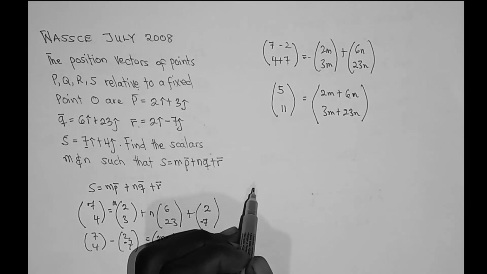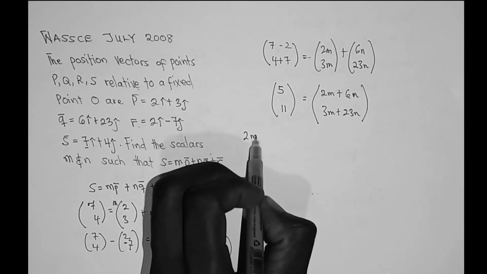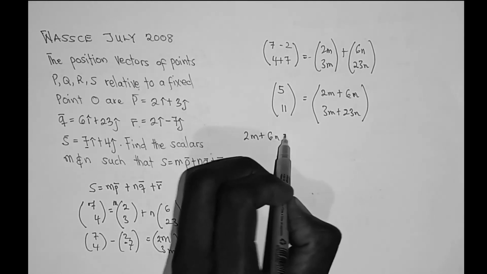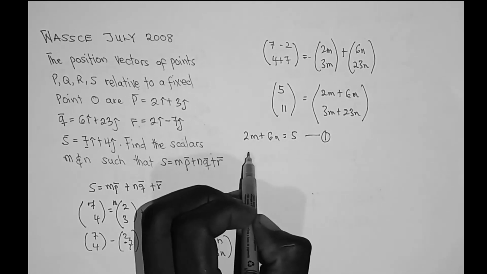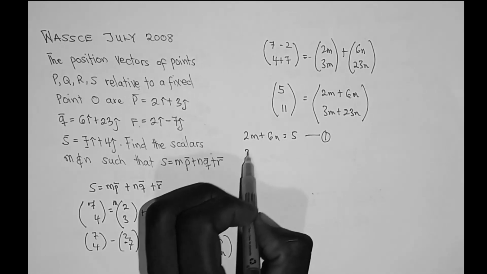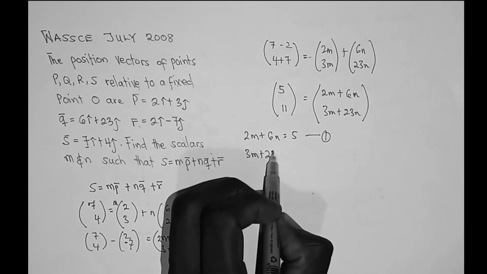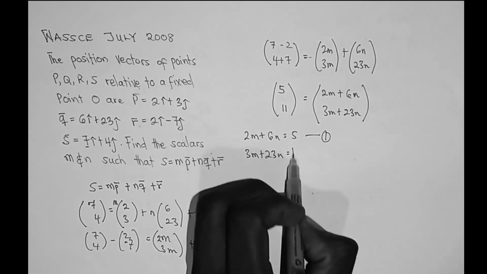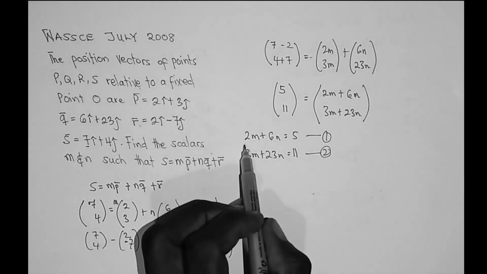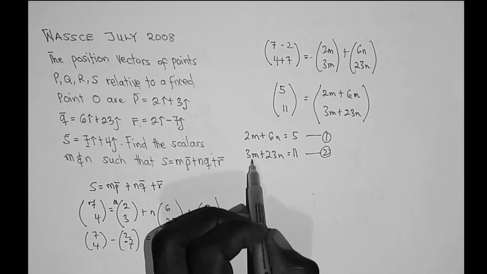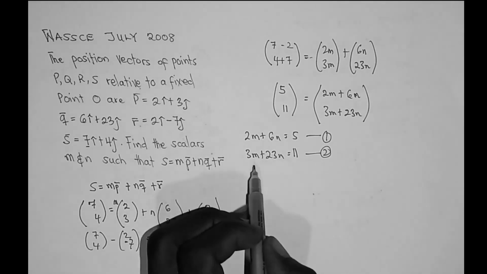So we need to write this as two separate equations and solve them simultaneously. So 2m plus 6n equals 5, equation 1. And then 3m plus 23n equals 11, equation 2. So let's multiply equation 1 by 3 and equation 2 by 2.